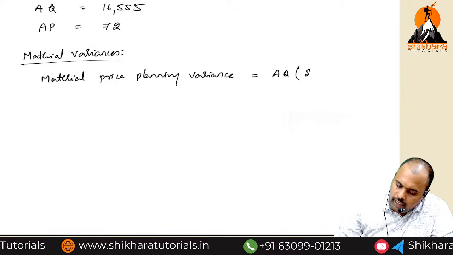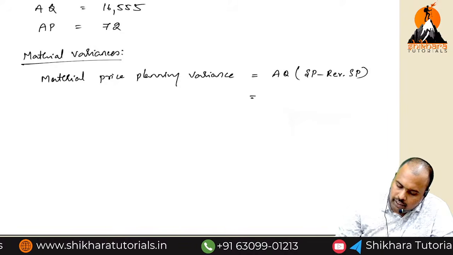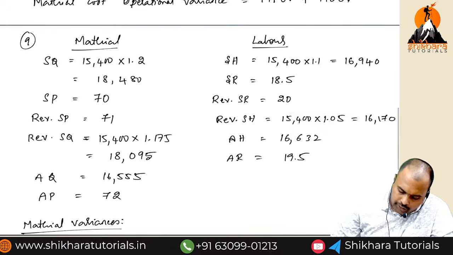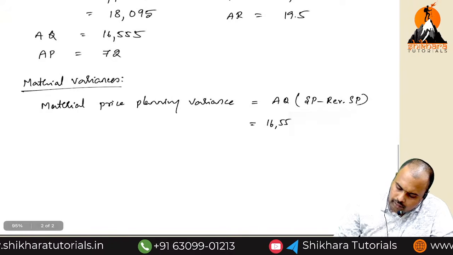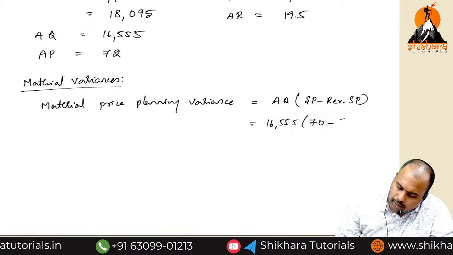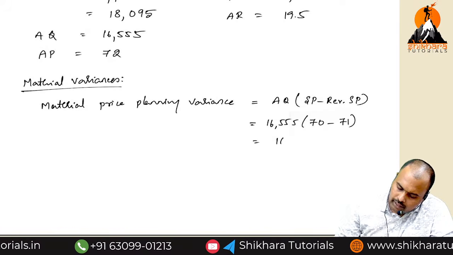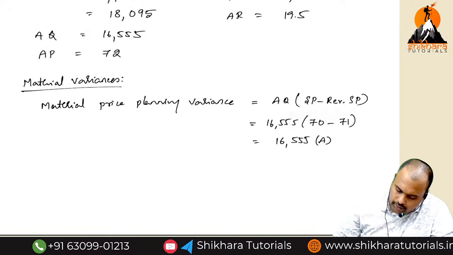So it is standard price minus revised standard price. Actual quantity is 16,555 into standard price 70, revised standard price 71, which is 16,555 adverse.